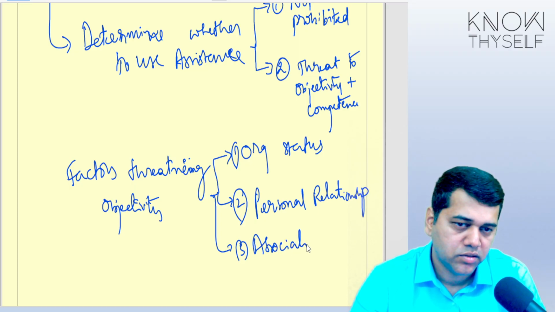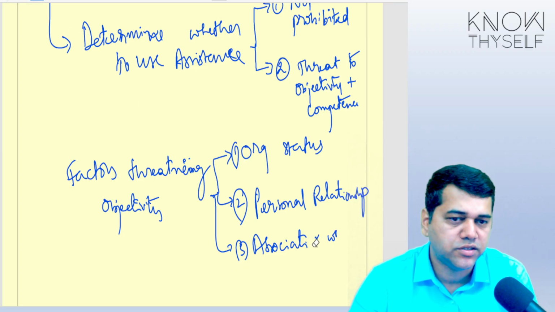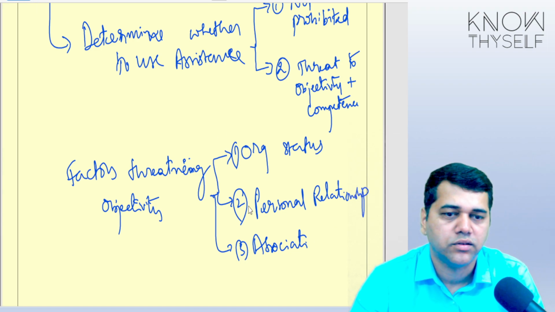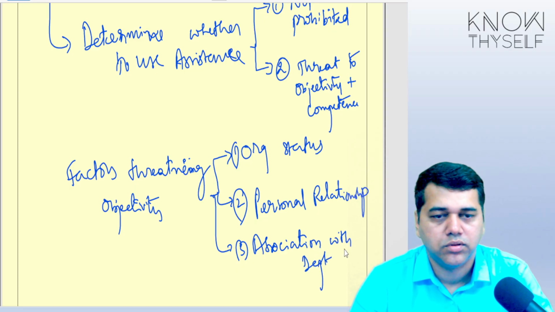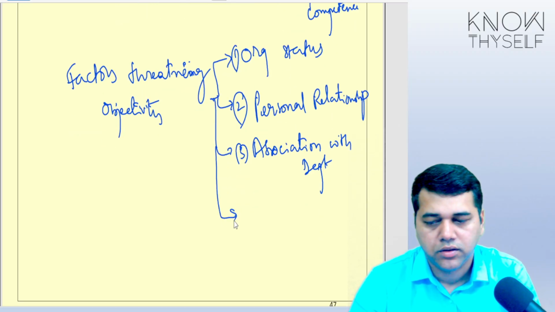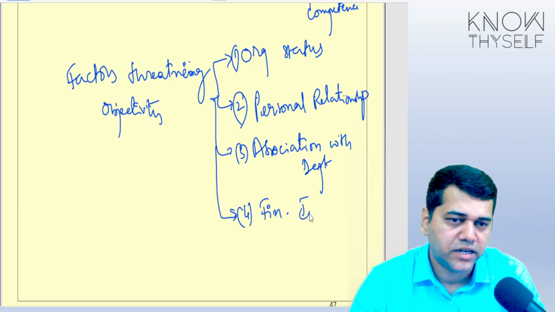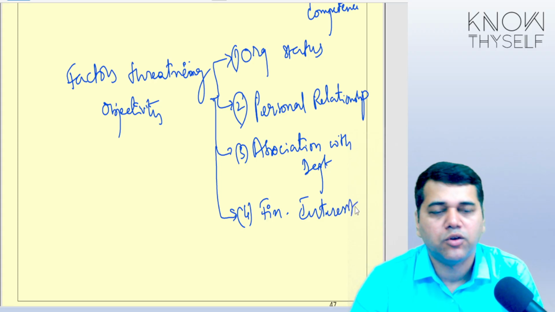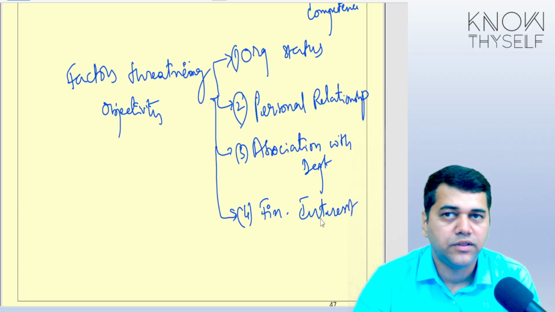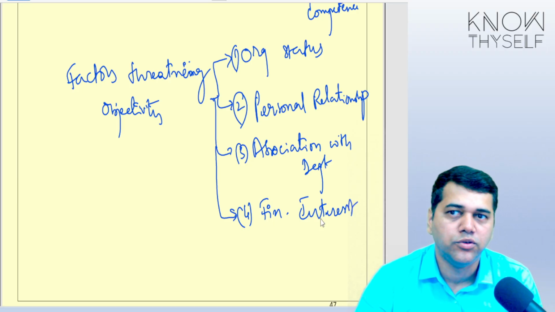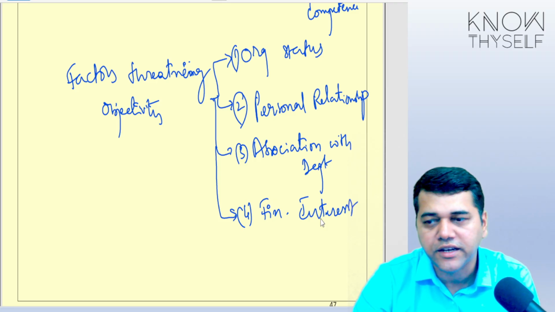Association with departments in which you wanted to use some work. And fourth, financial interest. They are holding shares, they have got some bonus coming, and if they figure out that as a result you are asking to make a big provision, they can see that their bonus is getting reduced.